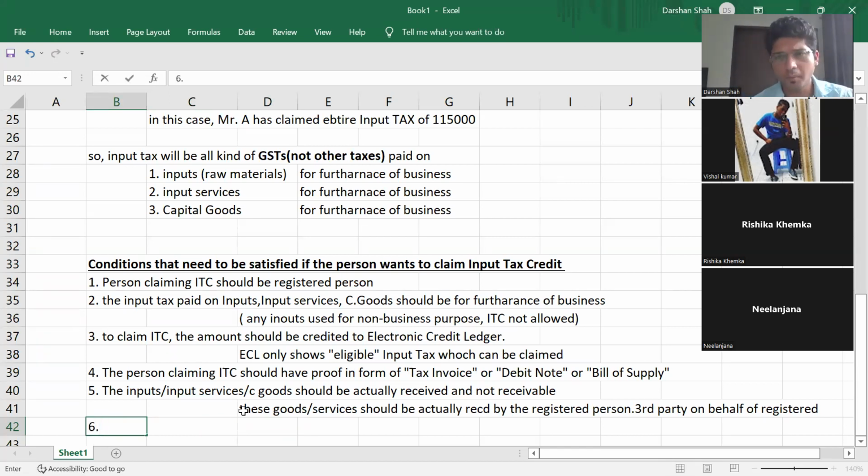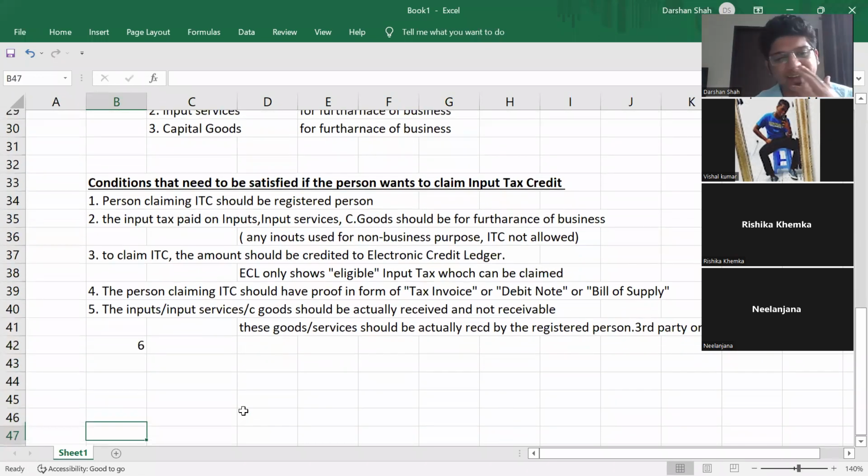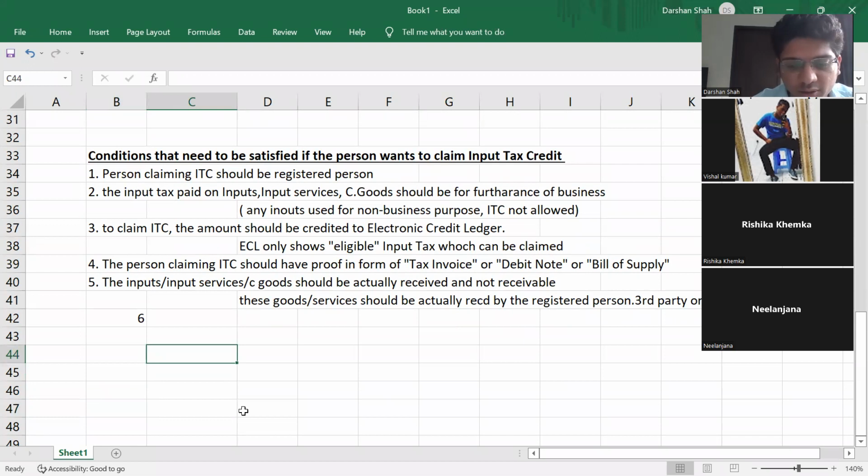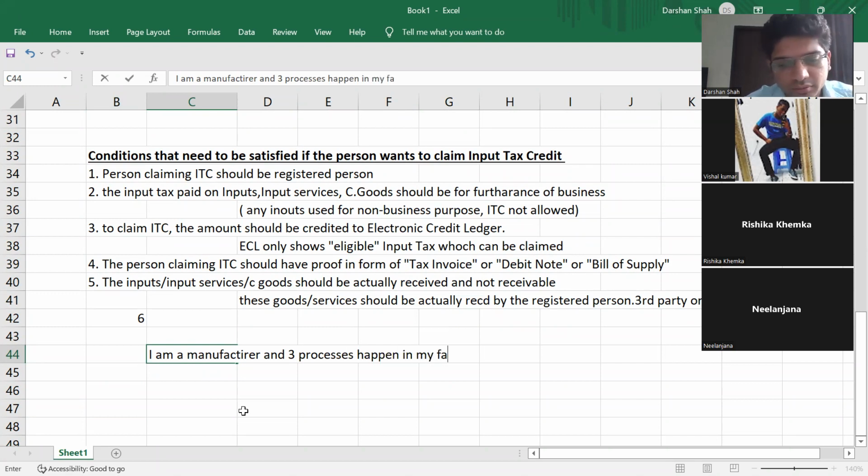So what do you say about the third party if he takes delivery on behalf? Example, I'm a manufacturer, and 3 processes happen in my factory. And one process, I do it in my friend's factory.